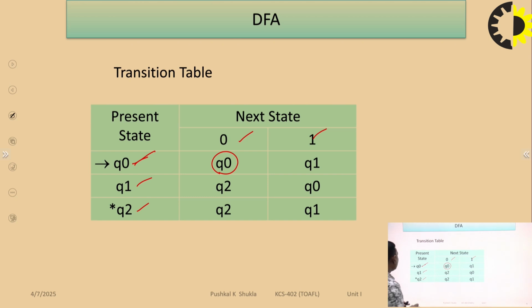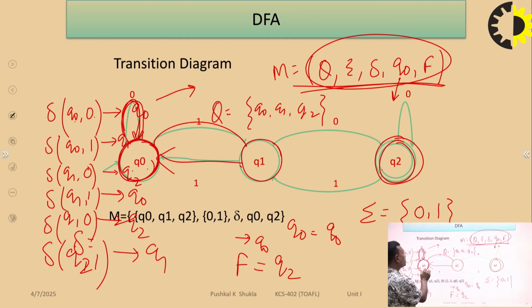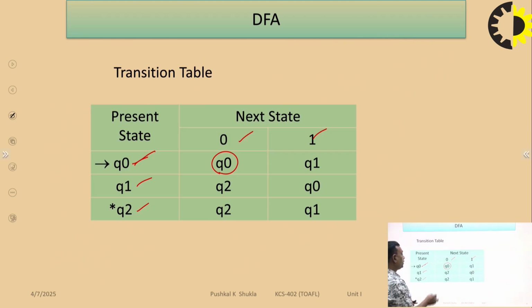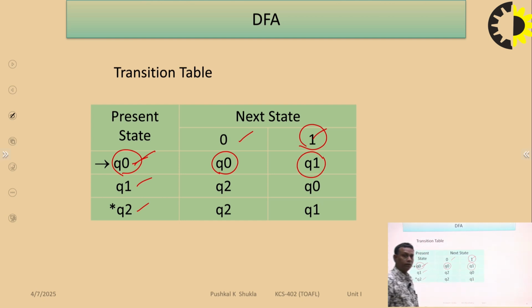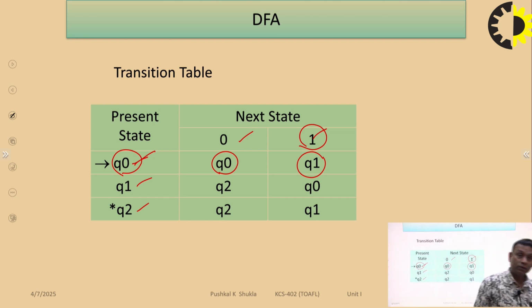Another one: Q naught is the present state and 1 is the input given, so it goes to Q1. So in this way we can represent it through the transition table.